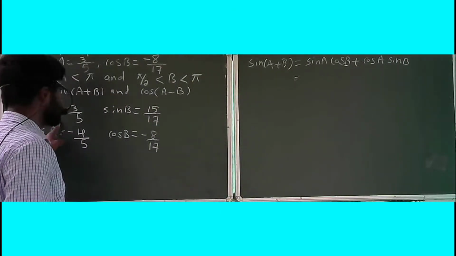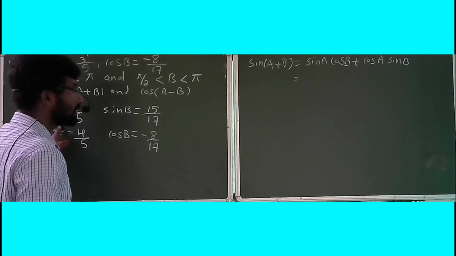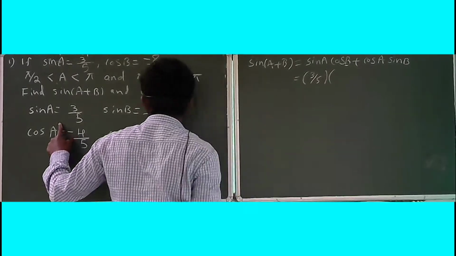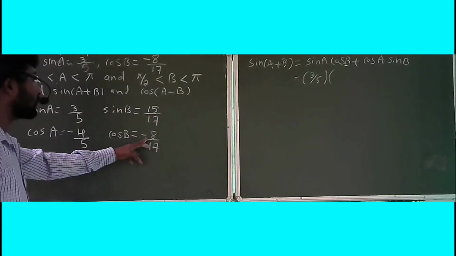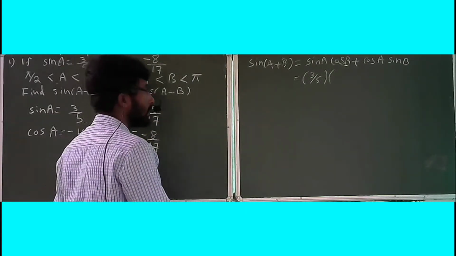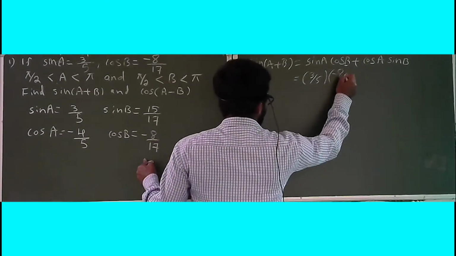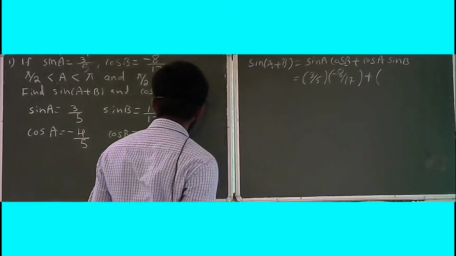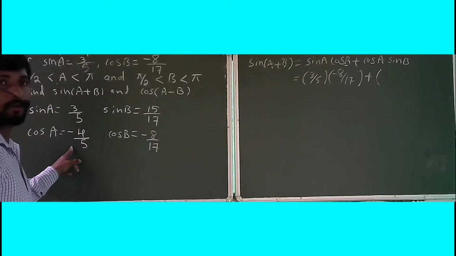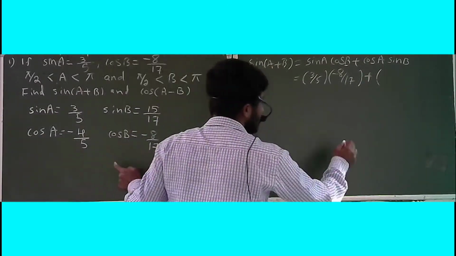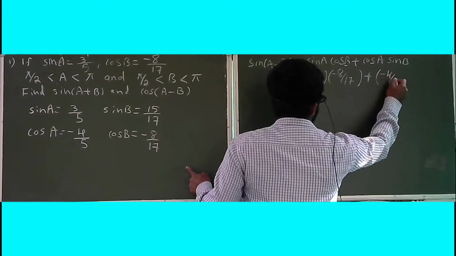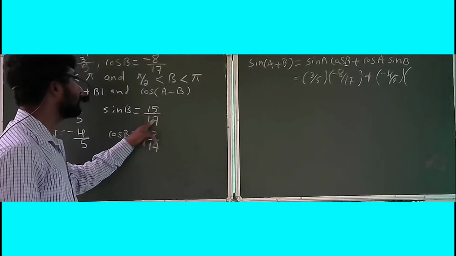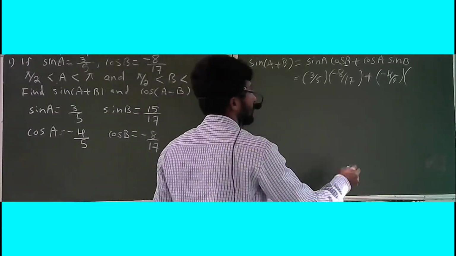Sin A value is equal to 3 by 5 into cos B. Cos B value is equal to minus 8 divided by 17 plus, by the formula, cos A. Cos A value is equal to minus 4 by 5 into sin B. Sin B value is equal to 15 divided by 17.